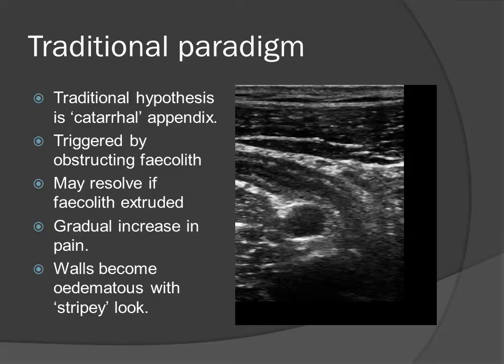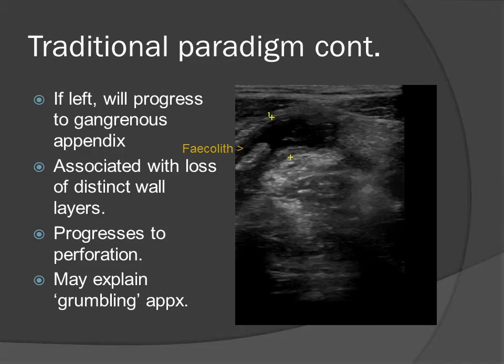As the walls became edematous, they became more distinct on ultrasound, giving them a stripy look, and if untreated, it was thought that the walls would become ischemic, the bacteria would translocate across the walls, we lose the distinct wall layers and progress eventually to perforation.